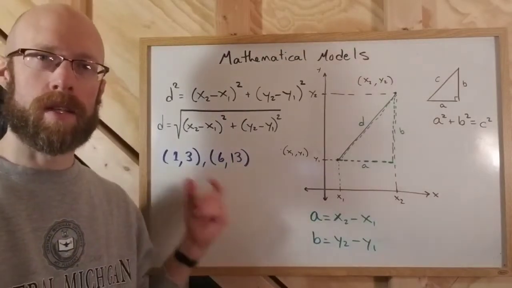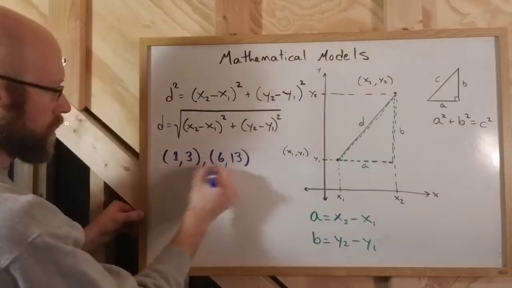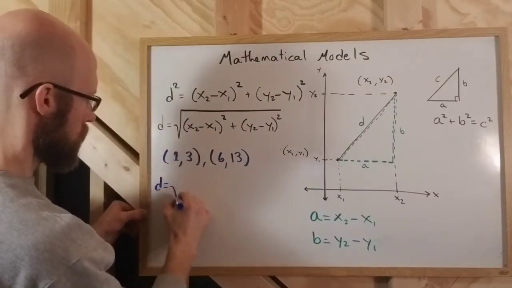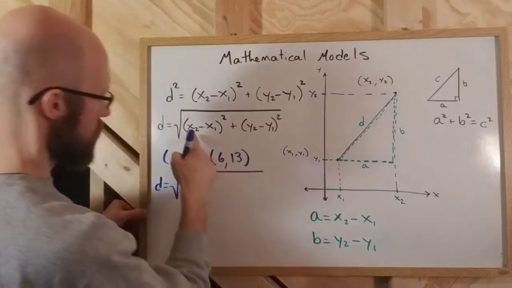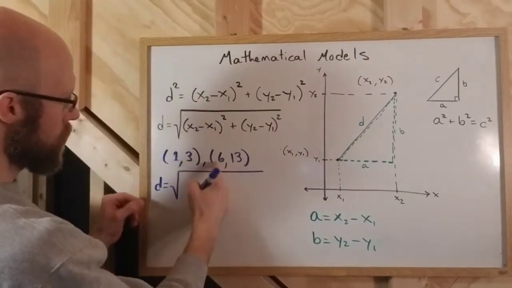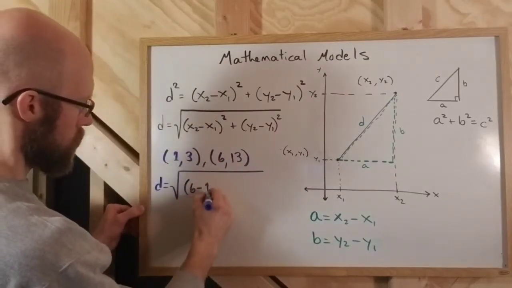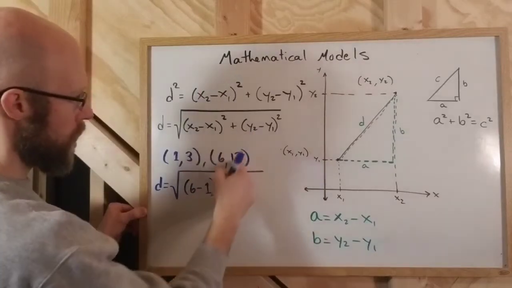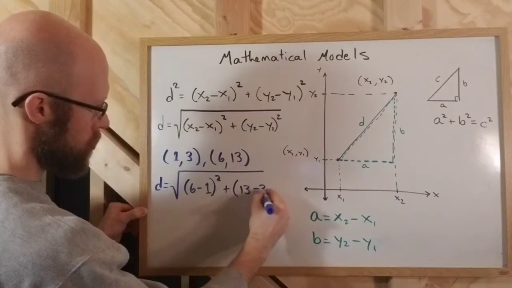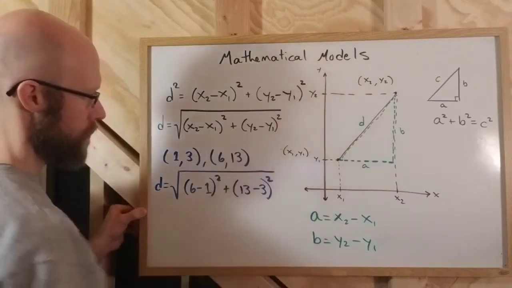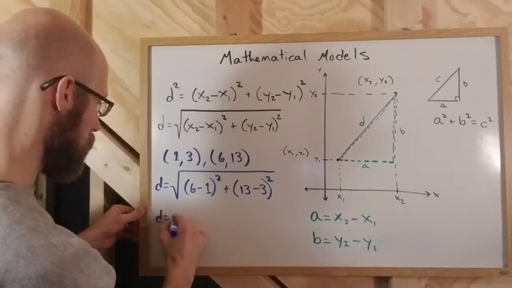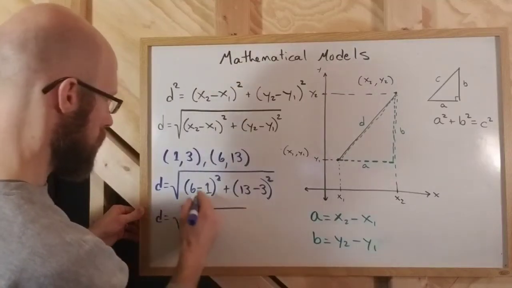Then the distance formula, again, you would just subtract. First step is to subtract the x values. So you'd have (6 minus 1) squared, and then you subtract the y values, so it'd be (13 minus 3) squared.